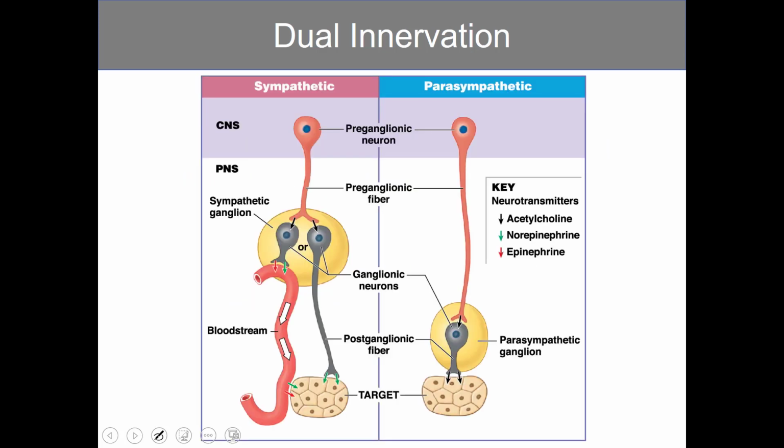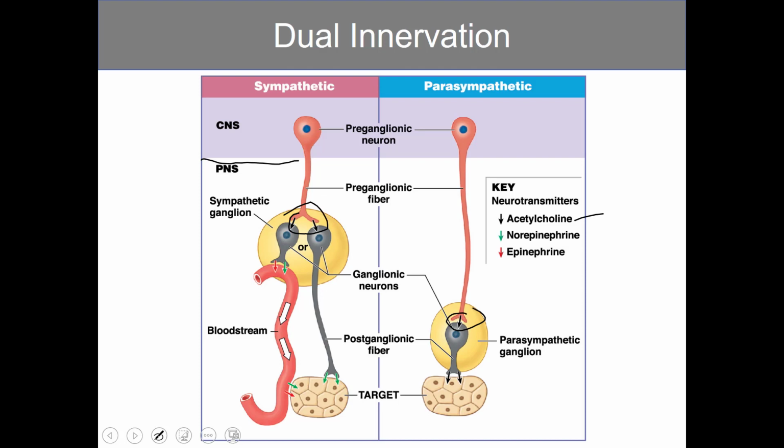If we compare the neurotransmitters that are released between the two, we can use this graph to do that. We have a division between the CNS and the PNS, and we see that the preganglionic neurons both utilize acetylcholine. We see that here as well as here.